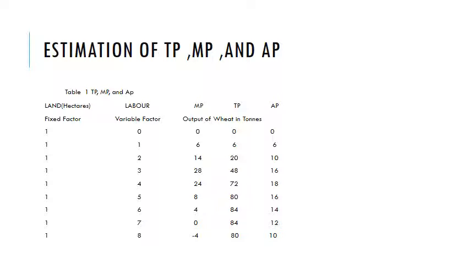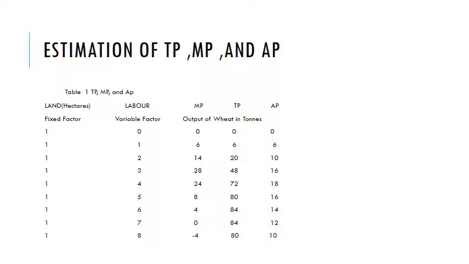In case of the second unit of labor, marginal production is 14, which is calculated by 20 minus 6, equal to 14. Then for the third unit of labor, it is 48 minus 20, 28.